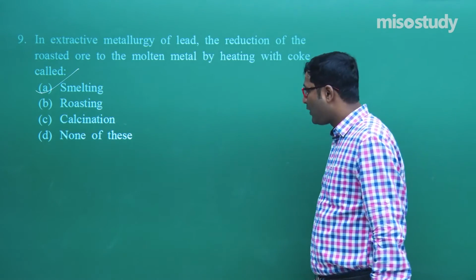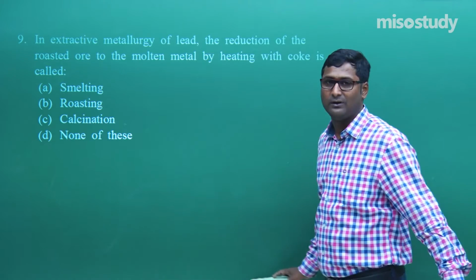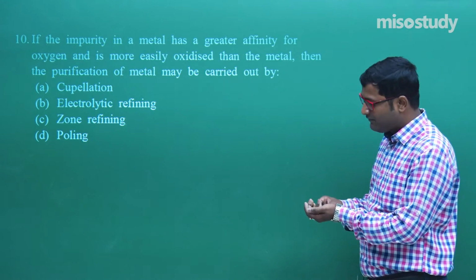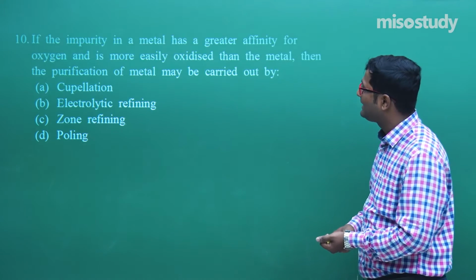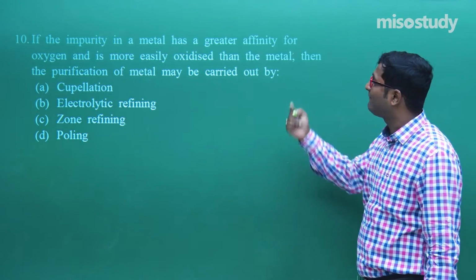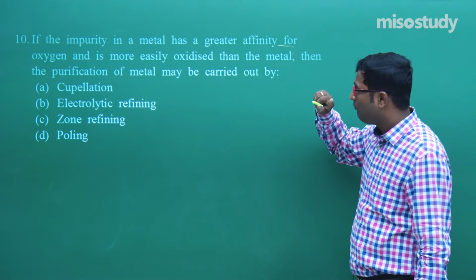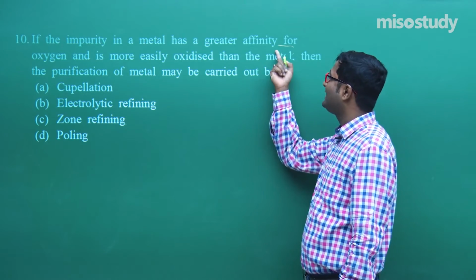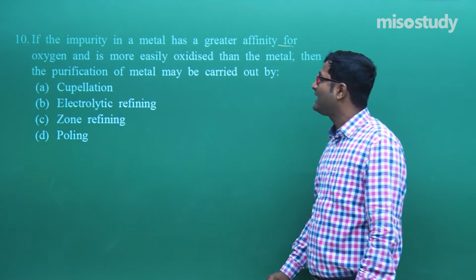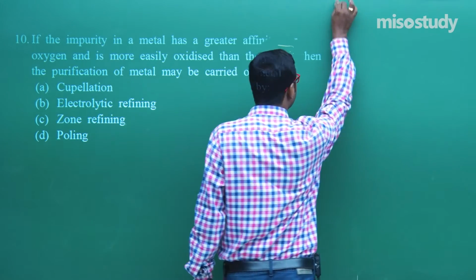Clear, friend? Now let's move to the next section. Listen carefully. Now the next question is: if the impurity in a metal has a great affinity for oxygen and is more easily oxidized than the metal, then the purification of the metal may be carried out as follows.